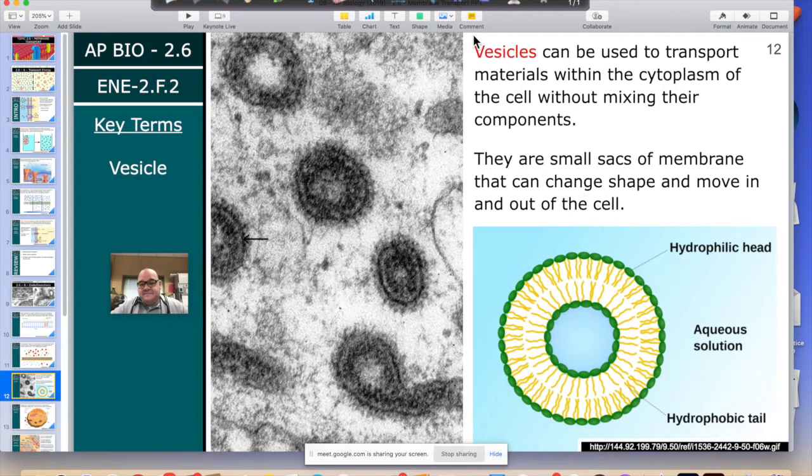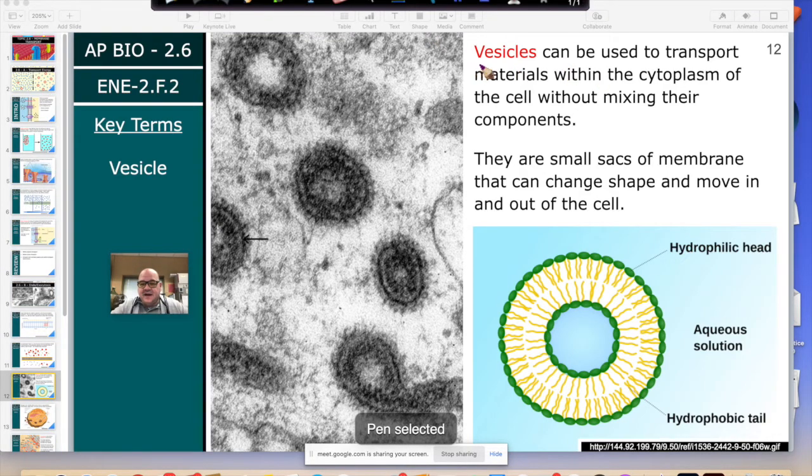This is where the organelle vesicles come into play, and vesicles can be used to transport things within the cell without mixing. So say you have something in here, some sort of particles, whatever's in here is going to stay in here and not mix with what's in the cell.